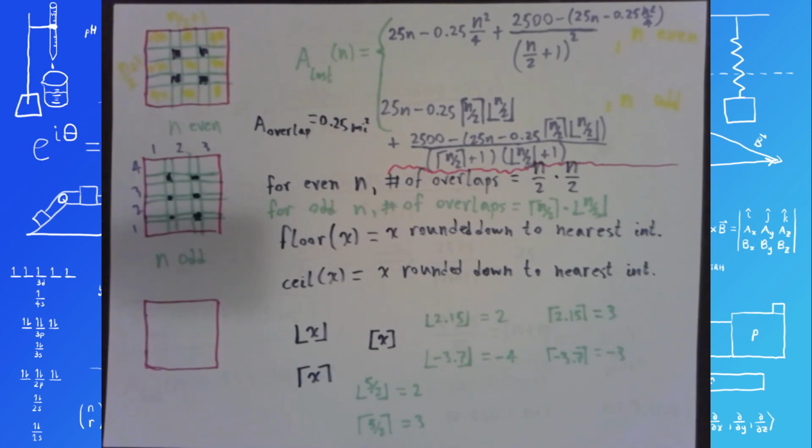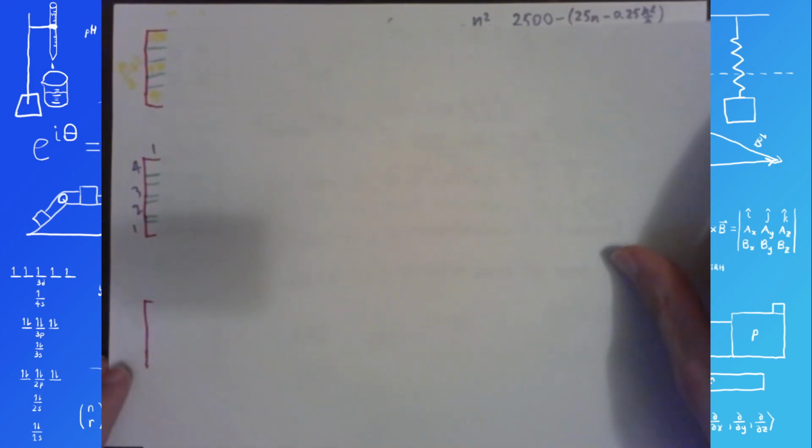Let's see, where do I want to start? Well, this is a very common problem that gives people a lot of trouble. So this one says we've got ourselves a wall.